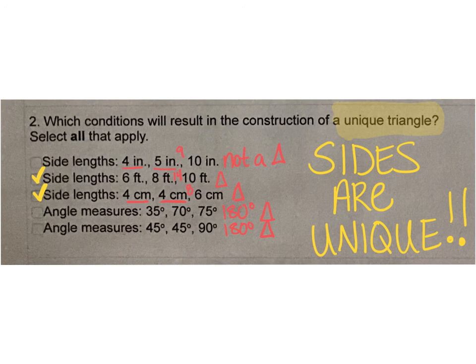But you can only have one triangle that is 6, 8, and 10 feet on each side. You can only have one triangle that is 4, 4, and 6 centimeters on each side. Does that make sense? Okay? Even if it doesn't make sense, just memorize the rule. Sides are unique. Are we good? Okay.